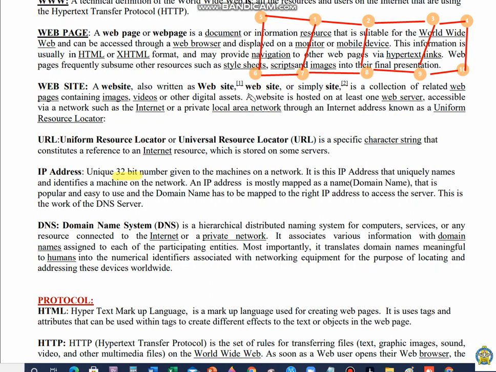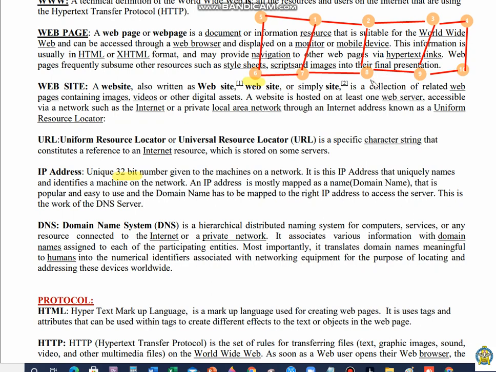It will be a 4-part number, each number between 0 and 255, total 256. So each computer, for example this particular site, is known by a particular number, an IP address. And every website, every information has a particular IP address.